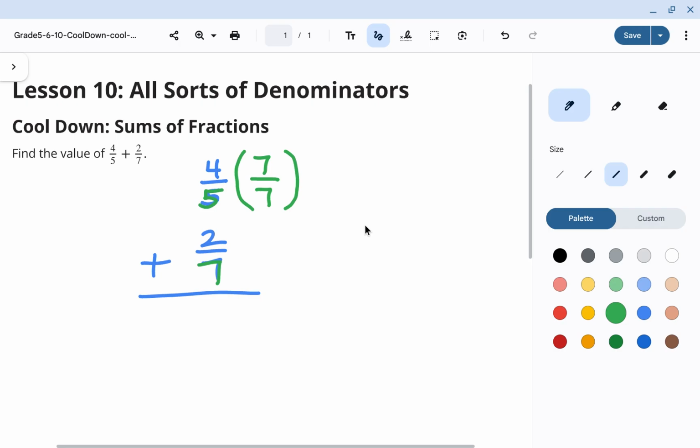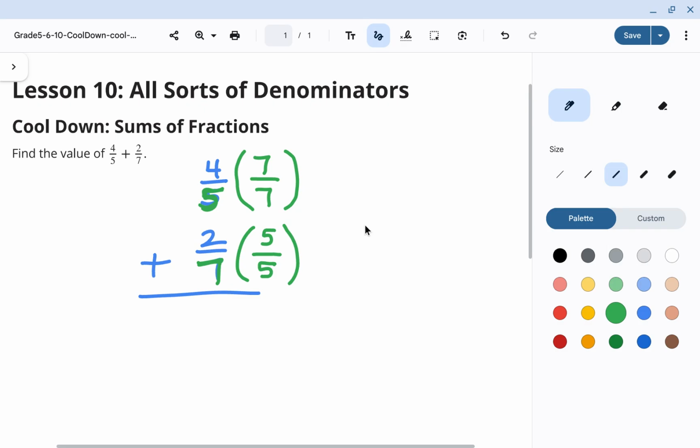Now I'm going to do a similar thing here on the bottom. I'm going to be multiplying this 7 by this 5. And whatever I do to the denominator, I'm also going to do to the numerator. So I'm going to multiply 2/7 by the fraction of 1, 5/5. And in this way, we know we're not actually going to change the value.